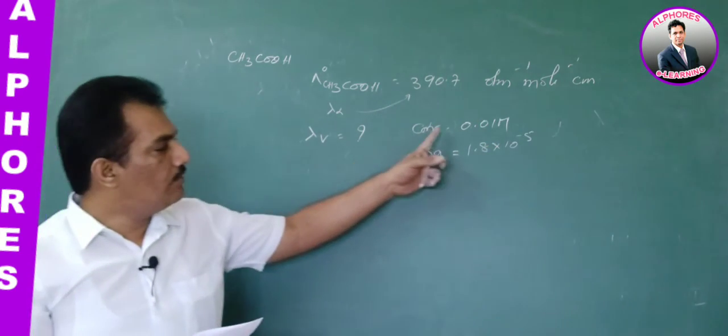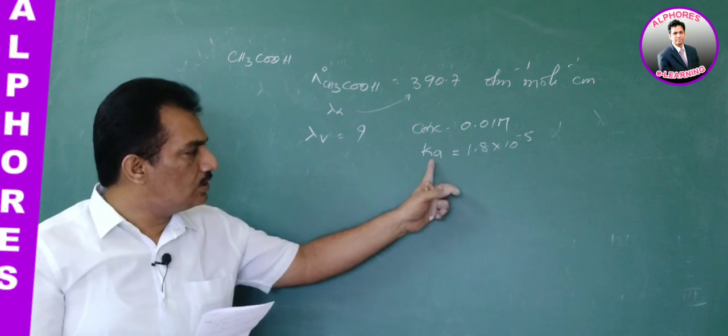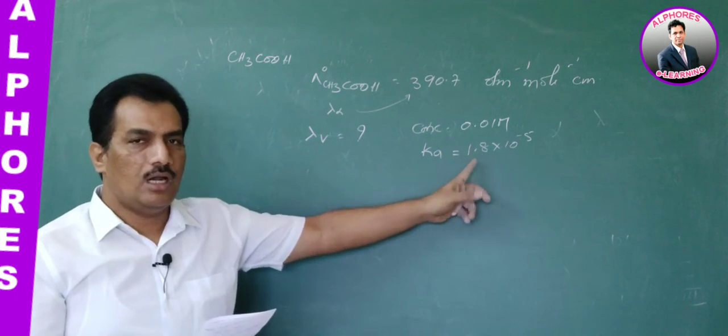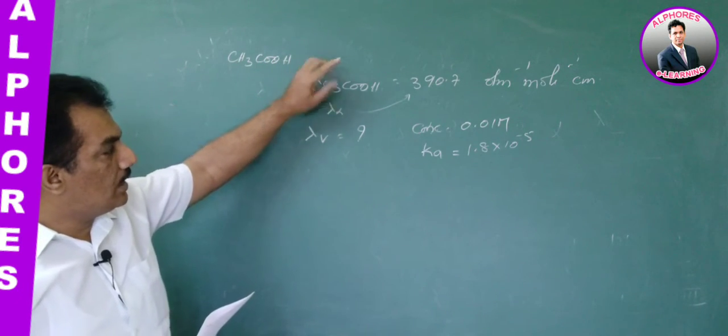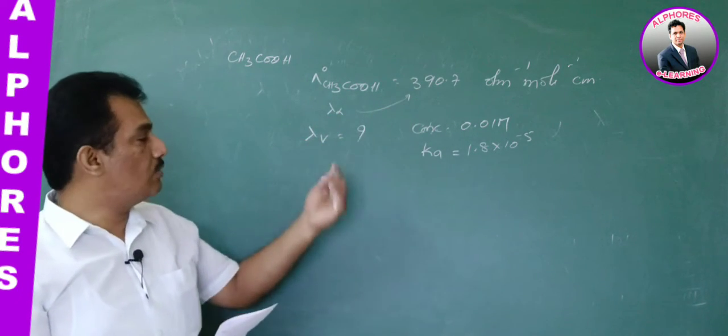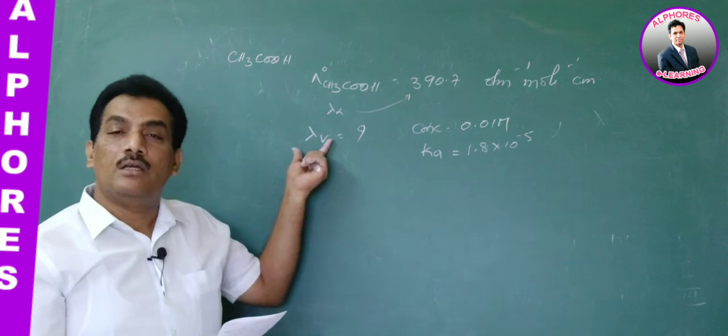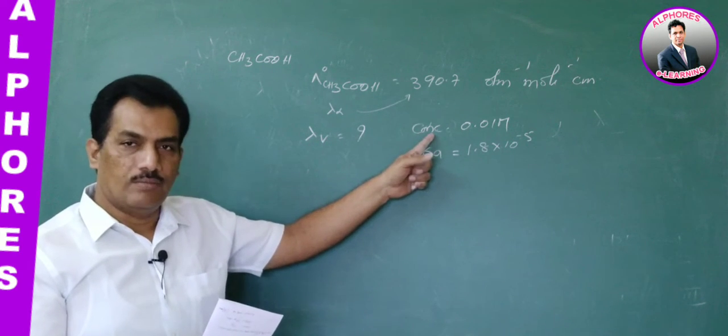By providing the conductance of this weak electrolyte acetic acid at infinite dilution, they are asking for the conductance at a given concentration. Clear?